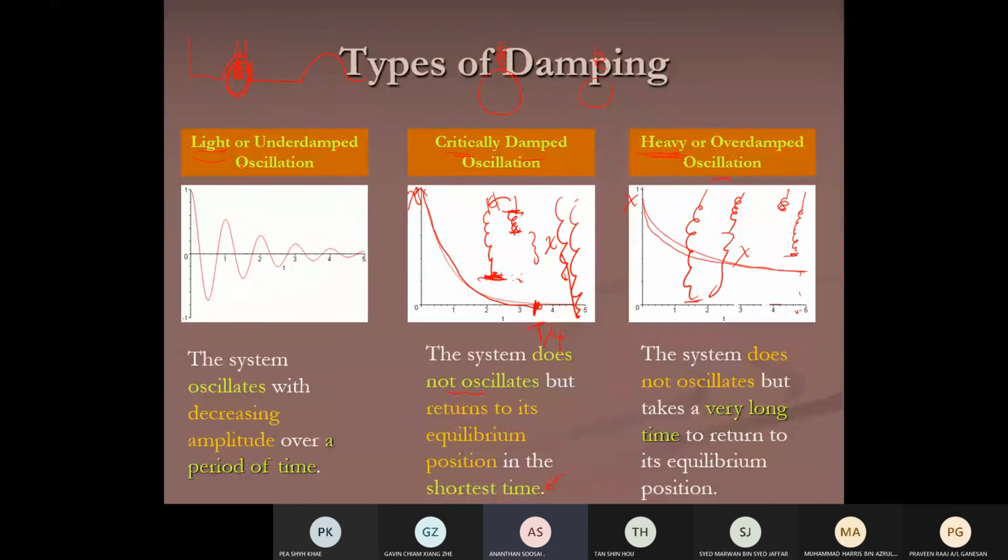What type of damping must be set in the car? Light damping, critical damping, heavy damping. Light. So one of you said light damping. The others? Critical. Unless the spring is designed to be critical.